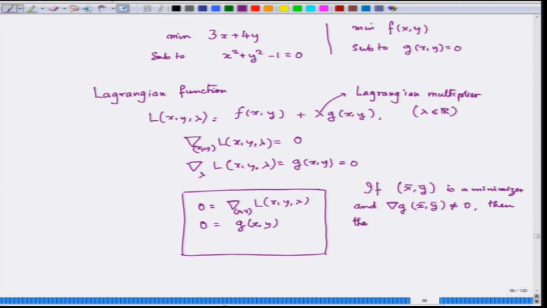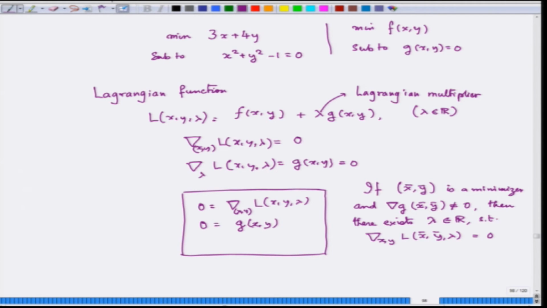Then there exists a lambda in R, a real number, such that the gradient of L(x, y, lambda) is equal to 0. That is, the gradient of L at x bar y bar lambda is 0. That is what the Lagrange multiplier rule says, that is exactly what it is.